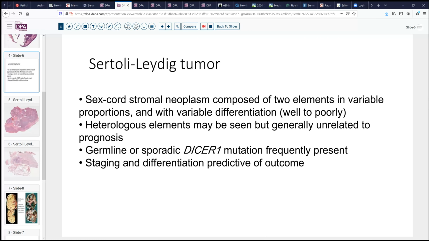Of late, it's been noted that these tumors have a Dicer1 mutation that may be present as a germline mutation or may be present as a sporadic tumor-related mutation. And that the differentiation and staging of these tumors is generally predictive of outcome.